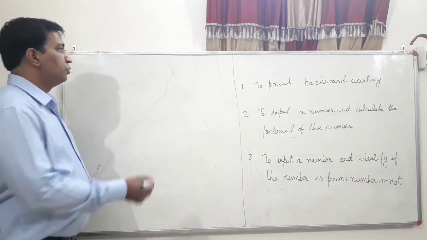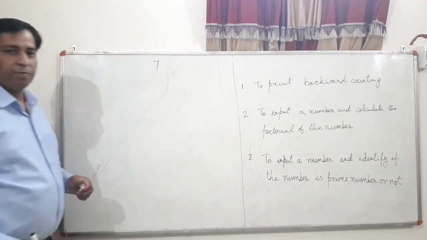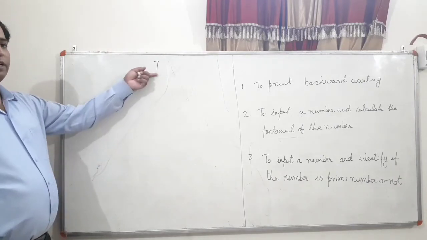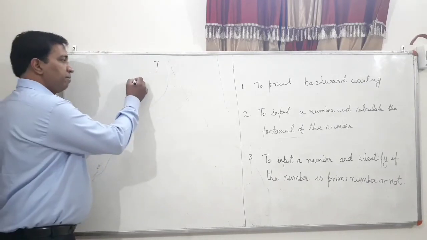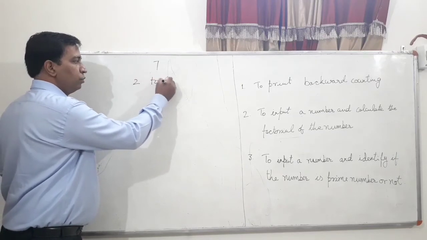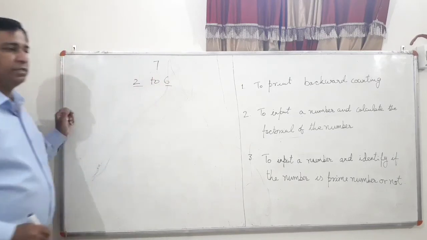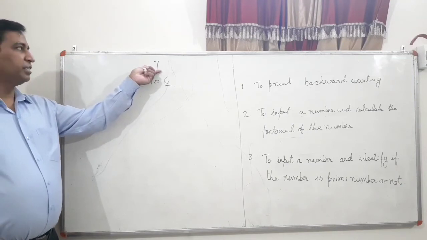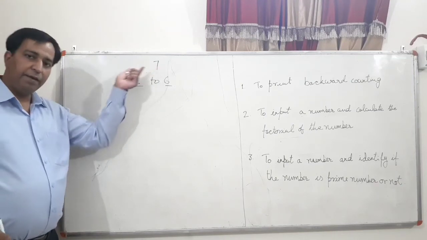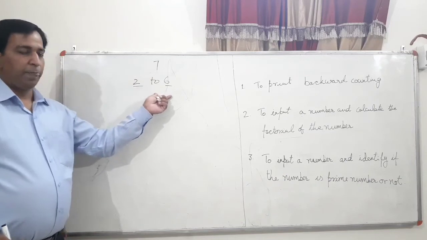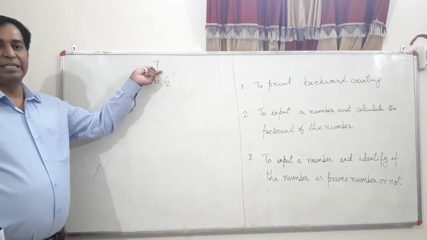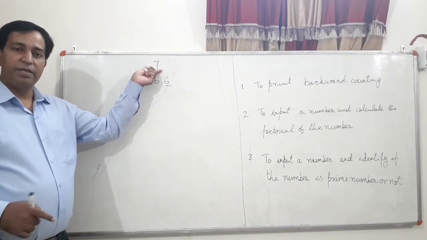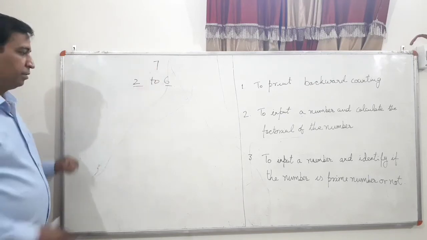That means suppose number given is 7, then we need to run such a loop that will check the divisibility of 7 from 2 to 6 by all the numbers. It will be divided and we check whether it is divisible by any number or not. If it is divisible by any number, it is not a prime number. If it is not divisible by any number, then it is a prime number.